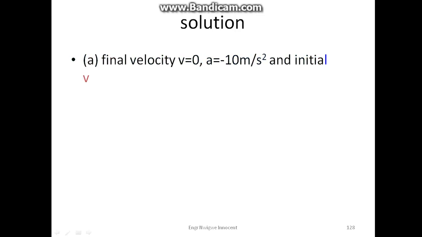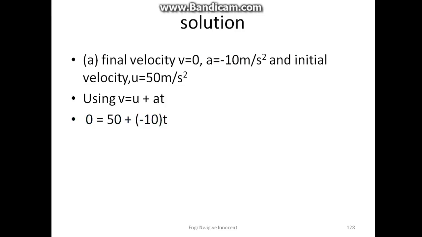Solution. A. Final velocity v is equal to 0. a is equal to minus 10 meters per second squared. And initial velocity u is equal to 50 meters per second. Using our first equation of motion, we have that v is equal to u plus at.